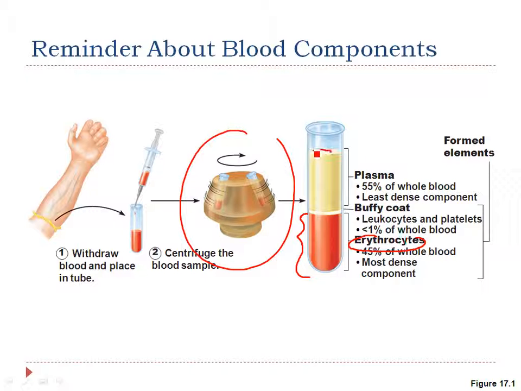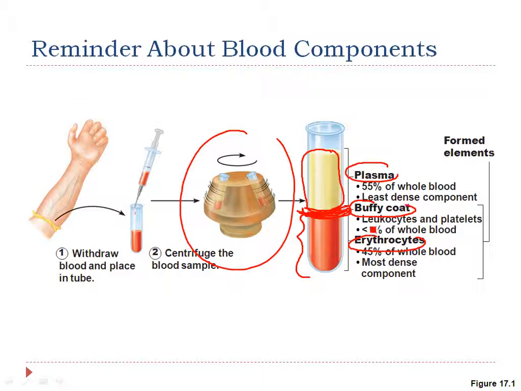Up at the top of the tube, you would have the liquid component of the blood, or your plasma. And then in between, you would have a little strip of cells and platelets located there. In the laboratory, they call this the buffy coat. I don't know where they came up with that name, but that's what they call it.